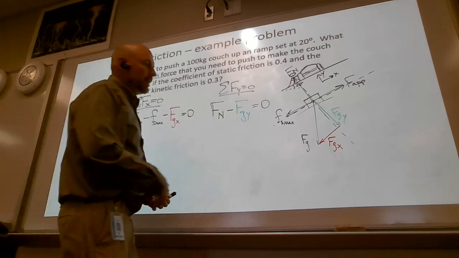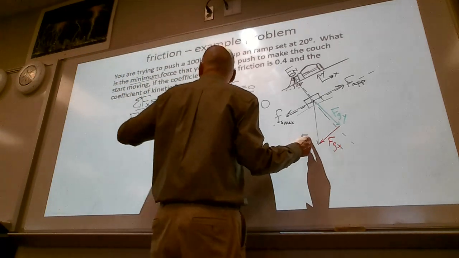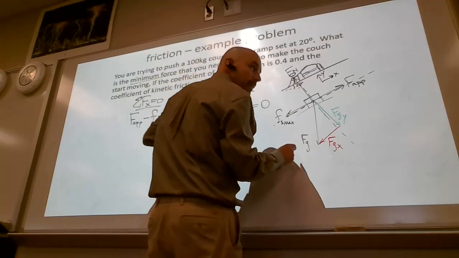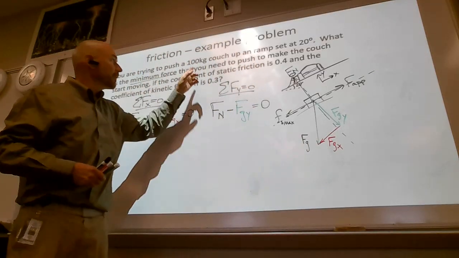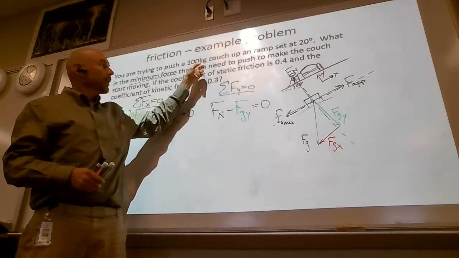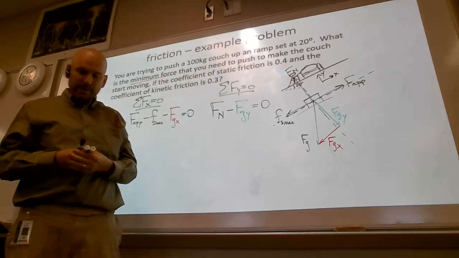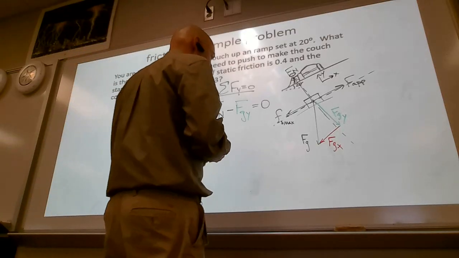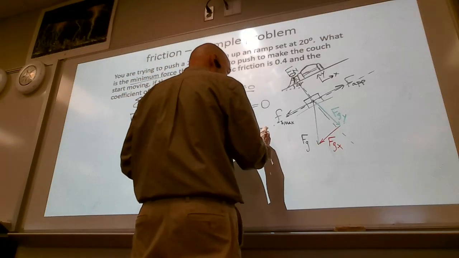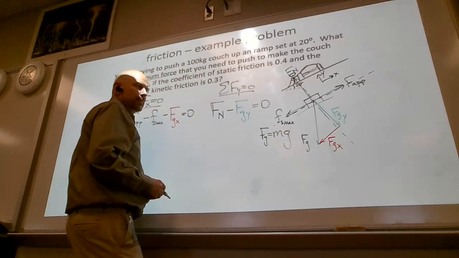So here's my FG of X, is force of gravity, is that 100? Force of gravity 100. This has units of what? Kilograms, that is a measure of mass. I need to convert to force of gravity or weight with that equation.